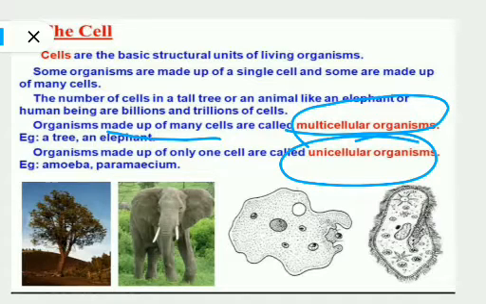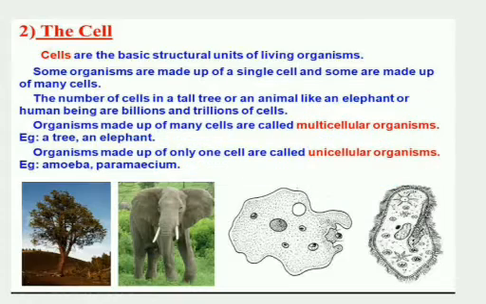And organisms made up of only one cell, a single cell, are called unicellular organisms. Example, amoeba, paramecium. Okay, so next we will watch the video for better understanding.